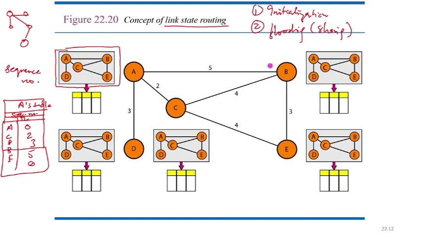Initially this was the complete network, but after initialization and then flooding, the data of each initial routing table has been obtained by each of the routers. After getting the information, each router will have information of every link and its cost.